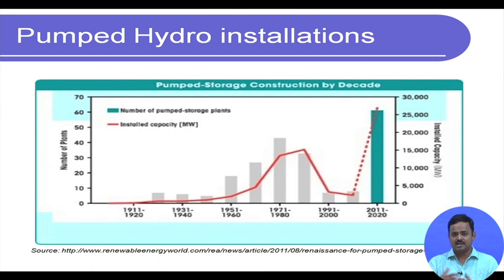So, as a result, there is again a renewed vigor on such energy storage, and the focus has again shifted back to energy conservation, to energy storage, and therefore, several plants are due for completion in this decade. Okay. So, this is a projected figure. We may not be hitting this 60 mark over here, but we will have a significant number of new installations in this decade that we are in.